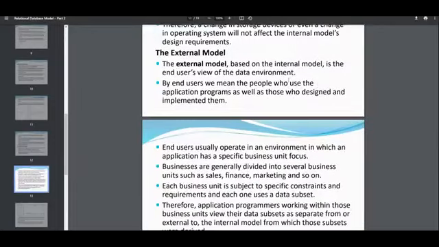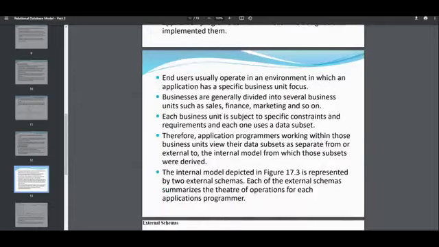And here, the external model. Again, compare it with the internal model, right? For the internal model, we discussed the designer's view, the designer's software, DBMS software. Here, the external model is focusing on users, end users. Okay, go through these things.